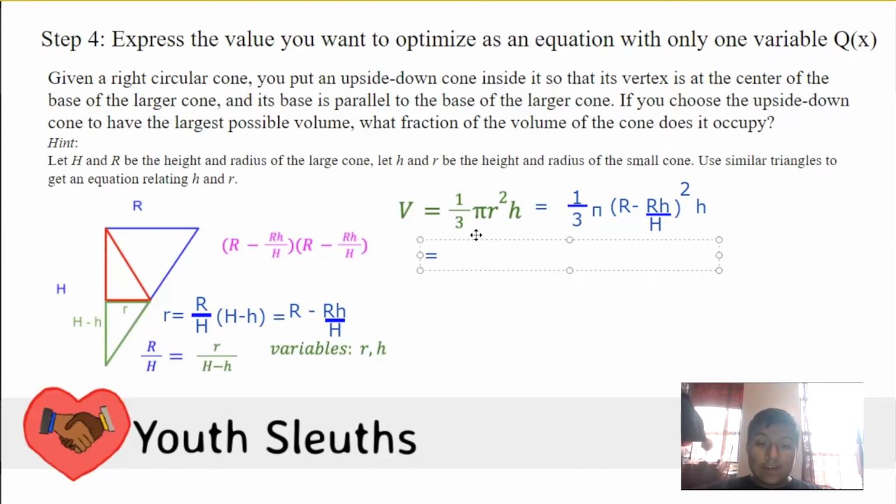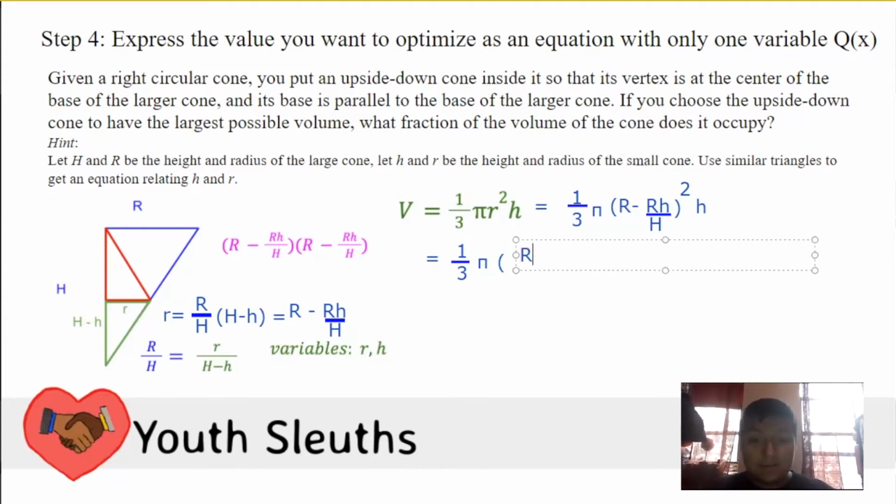So we have that it equals 1/3 pi. And then we open our parentheses for what we're going to FOIL. So then we have big R being multiplied by big R. So we have big R squared.